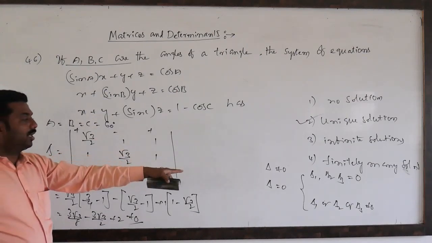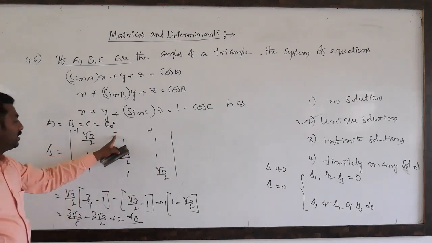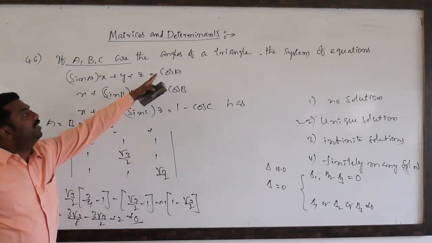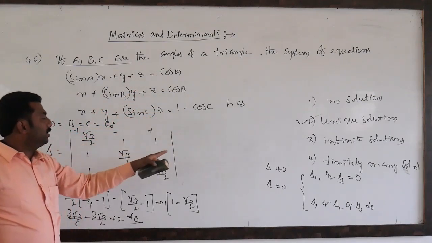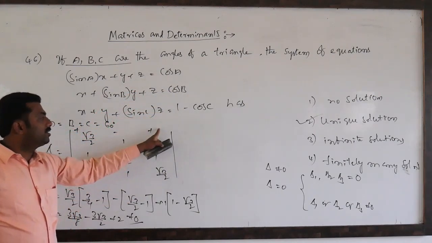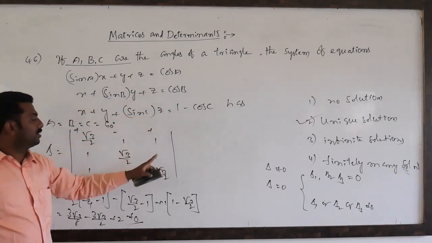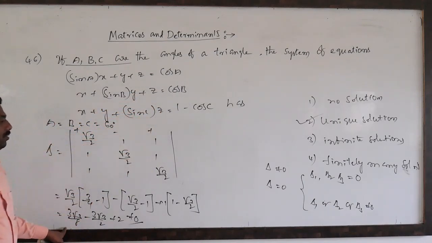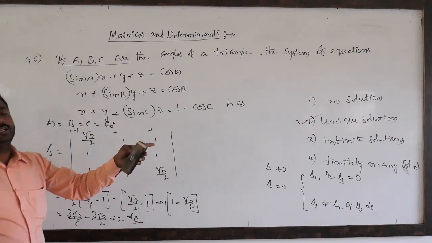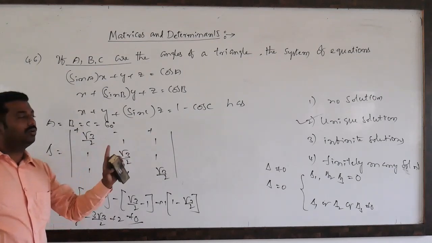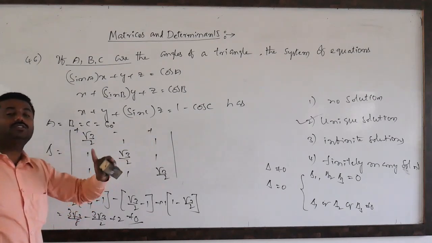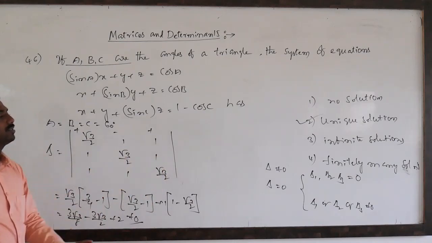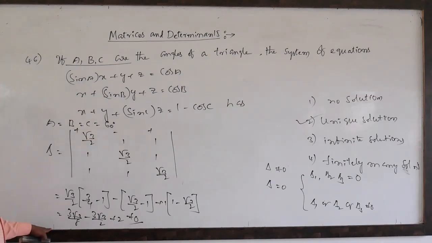Then you have to calculate delta 2: all the second column elements are replaced by these constants. Then for delta 3, all the third column elements are replaced by these elements. Finally, we have to verify delta 1, delta 2, delta 3. If all are equal to 0, there are infinite solutions. If at least one of them is not equal to 0, it is an inconsistent system and has no solution.